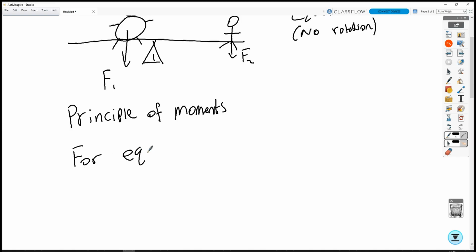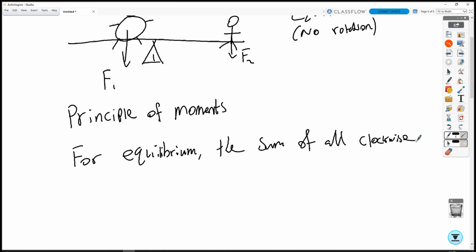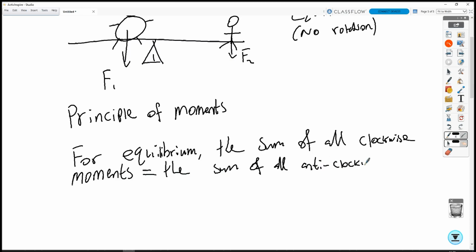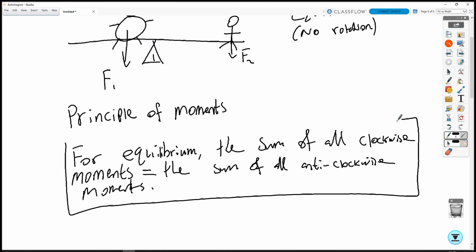So for equilibrium, the sum of all clockwise moments is equal to the sum of all anti-clockwise moments. Put a box around that definition. It's one you need to know.